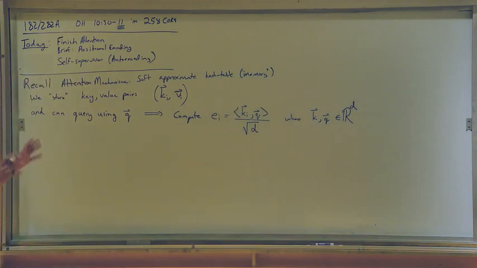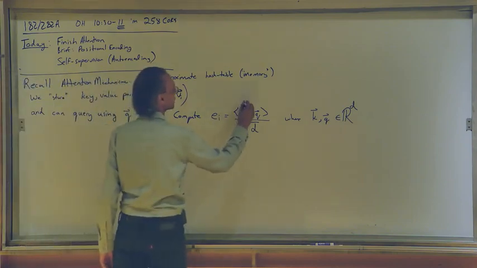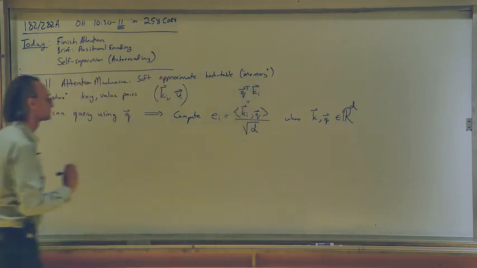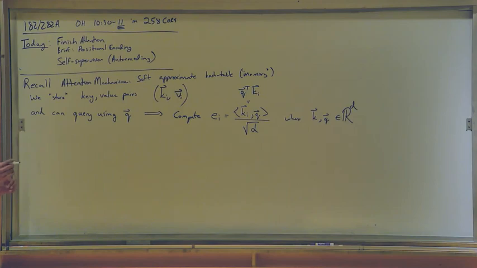So this computes like an initial score. How similar is the key i to the query? This is just an inner product, right? This is just Q transpose key i. We compute this initial matching. Could be positive, it could be negative.